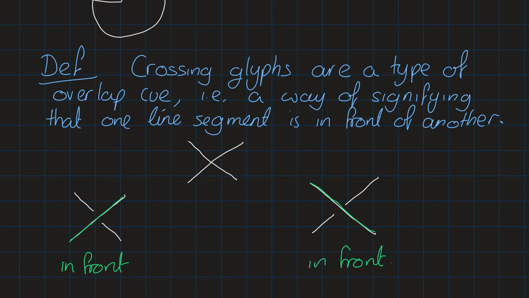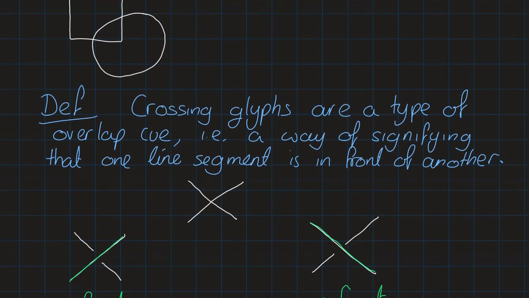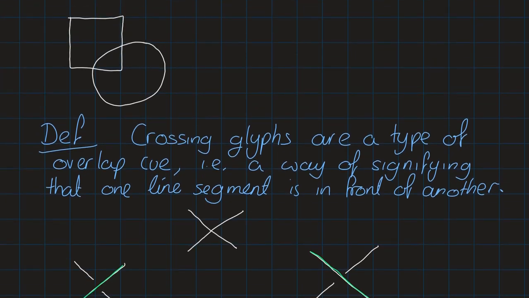Okay, so if we go back to our square and circle picture, you can easily convey that the square is in front of the circle just by drawing it ever so slightly differently, like this. Okay, it's not the best picture, but it conveys that the square is in front of the circle.